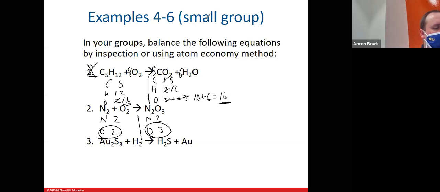So that means I'm going to need 2 of the nitrogens, 2 of the N2O3s. That means I'm going to get 4 of these, 4 of these, and this is now 6. And now I can see that all that was left is a 3 there in front of the oxygen.